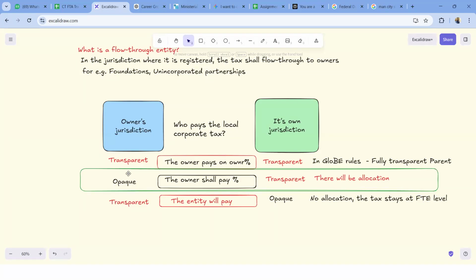So if the tax is here, you push down the taxes. If the tax is here only, let it stay. In any hybrid situation, whether it is a normal hybrid or a reverse hybrid, income is going to be in the entity's own jurisdiction. If the tax is not there, push it down. If the tax is already there, keep it as it is. No push down.